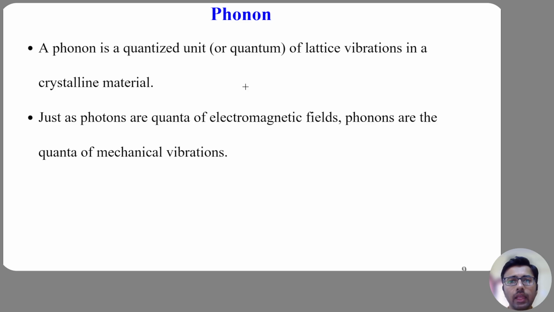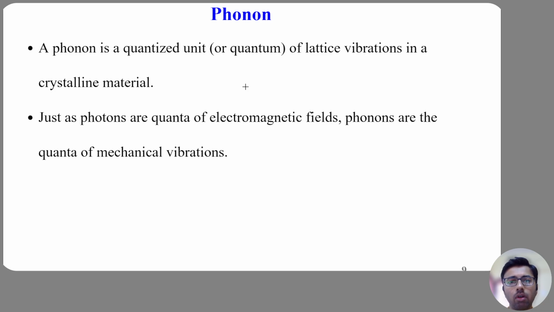This idea is analogous to photons. Just as light energy is quantized into photons, mechanical vibrations are quantized into phonons. Phonons carry energy and momentum through the crystal lattice. This becomes crucial during certain optical transitions.